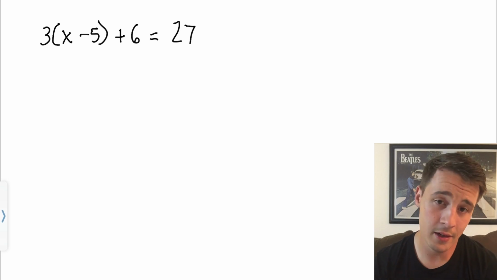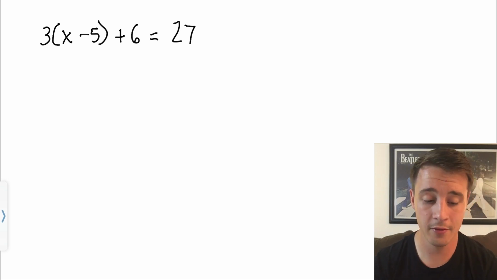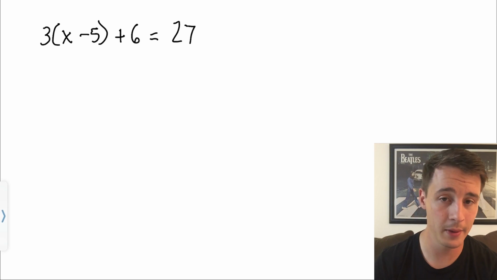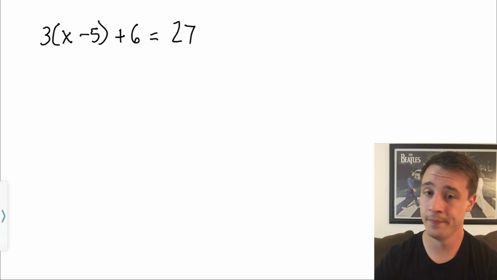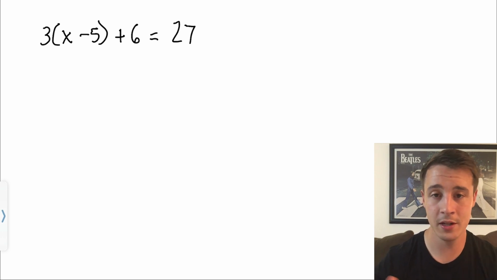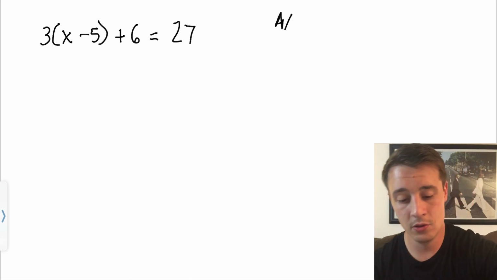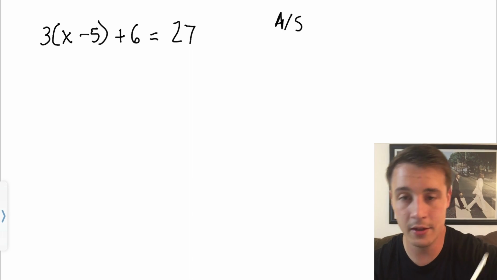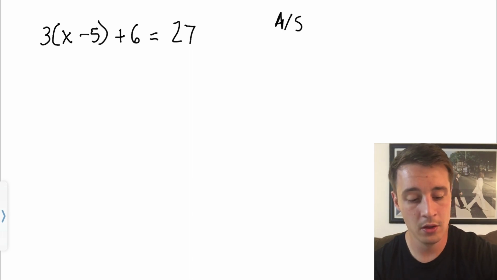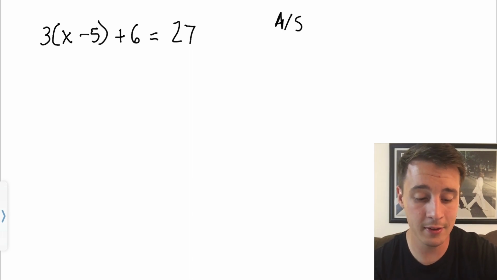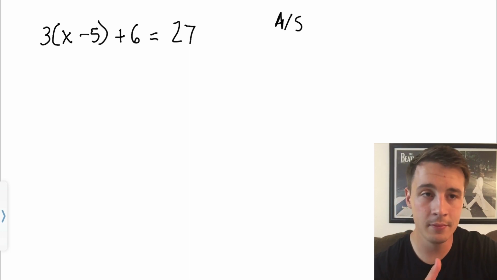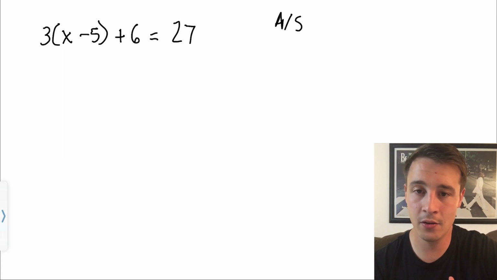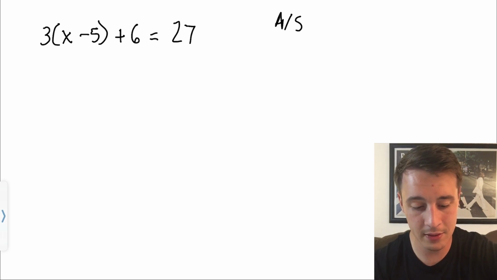Okay, we added another wrinkle to this one. We have 3 times the quantity, x minus 5, plus 6 equals 27. So again, just looking at our order of operations backwards, I still start with addition and subtraction. So 3 times x minus 5 plus 6. Well, the only constant that's being added or subtracted is this plus 6 here.